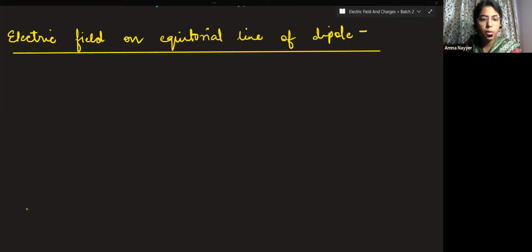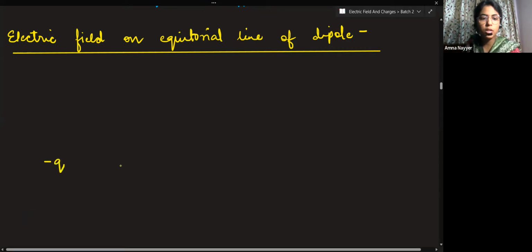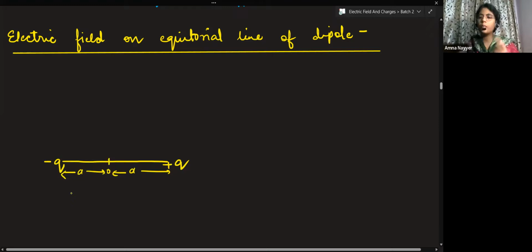What is meant by equatorial line? See, this is your charge minus q, this is your charge plus q. Both of them are forming a dipole. And from the center, let's say this is A, this is A. That's why we say the separation is 2A, no?